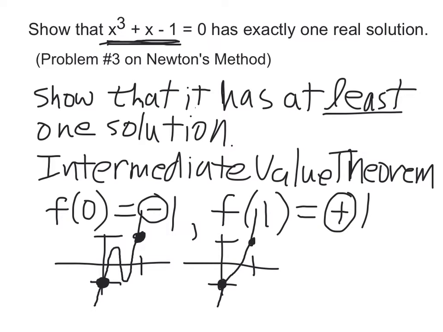It may do something like that. But there is at least one point between x equals 0 and x equals 1 that we get a y value of 0, which graphically means x-intercept.